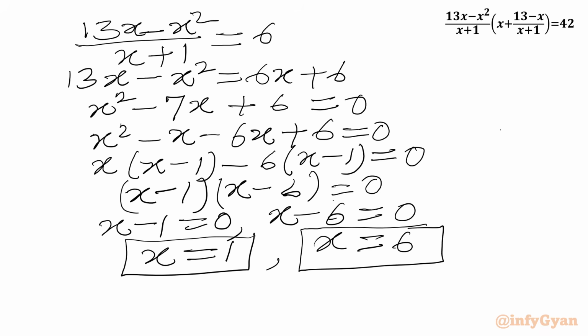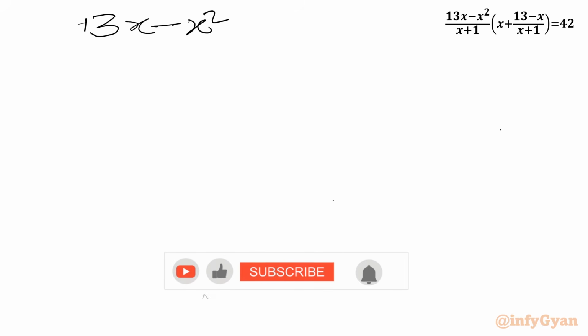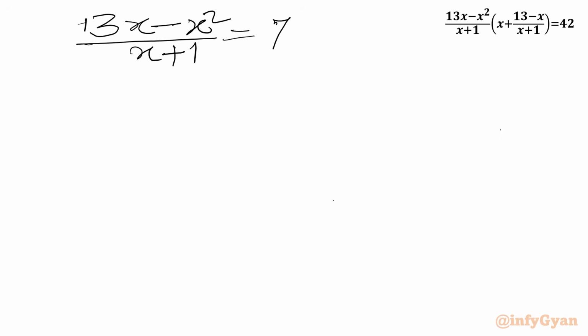Now we have another equation. I will write here (13x minus x square) over (x plus 1) equal to 7. Again we will cross multiply and we will write 13x minus x square equal to 7x plus 7.